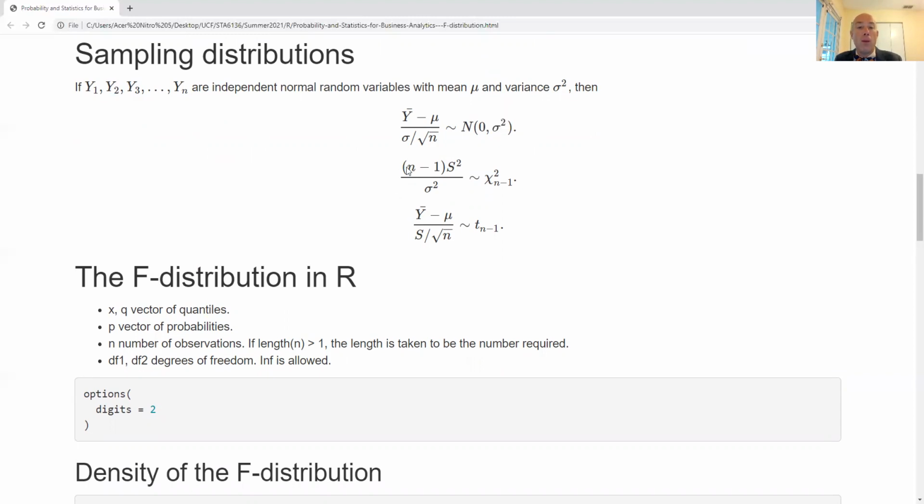And then here, n minus 1 times sample variance divided by sigma squared is chi squared with n minus 1 degrees of freedom. And now here, this is the t distribution. If I take y bar minus mu, and instead of sigma I put the sample standard deviation, divided by square root of n, then this is t distributed.